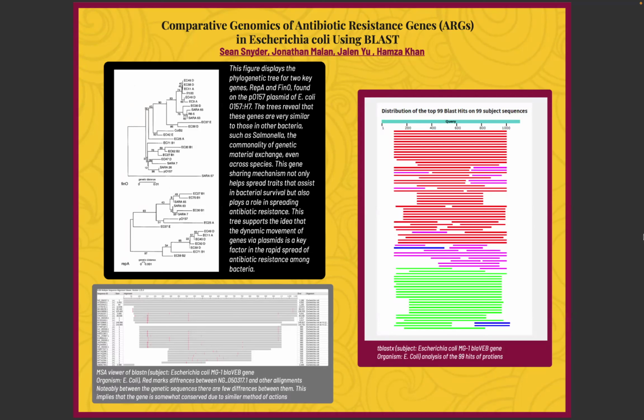By using BLASTN to blast the E. coli antibiotic-resistant gene, blaVEB, and using an MSA viewer, it shows that there are very few differences between the genes. This indicates high conservation rates between them and that the gene is highly conserved.